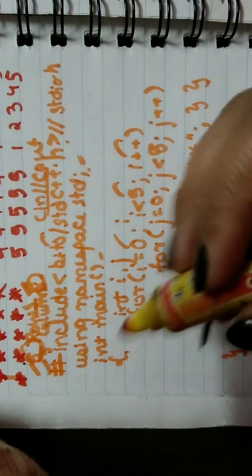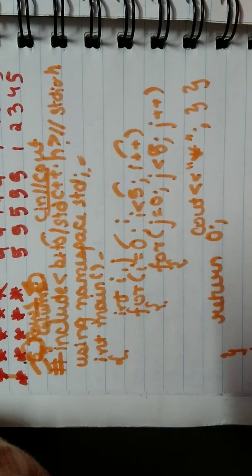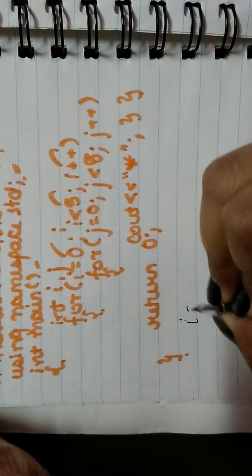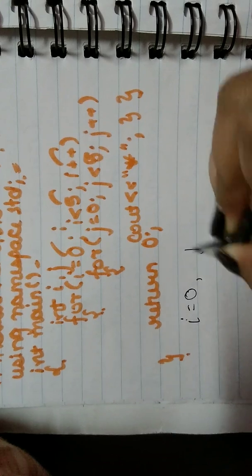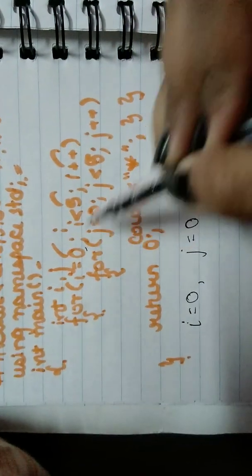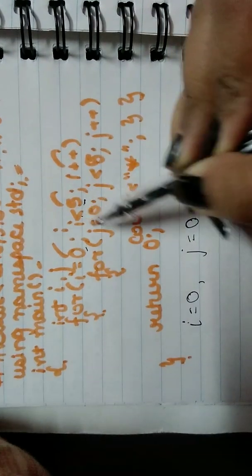So now we will do a simple, typical and fast dry run. Firstly, when i is equal 0 and j is equal 0, condition satisfies, i is less than 5, it comes inside.